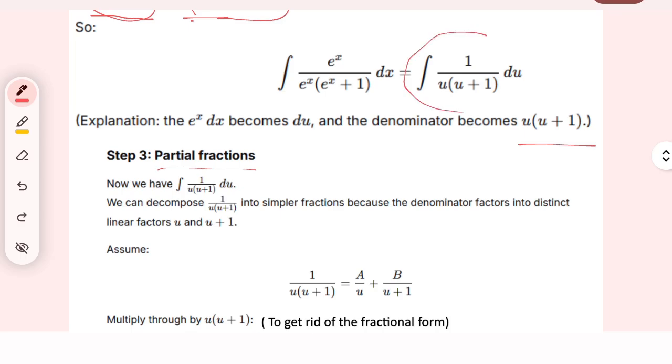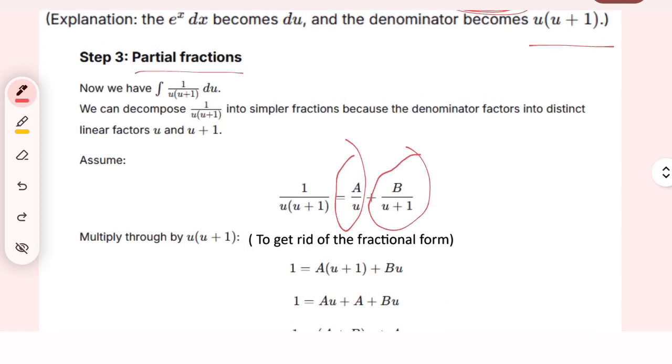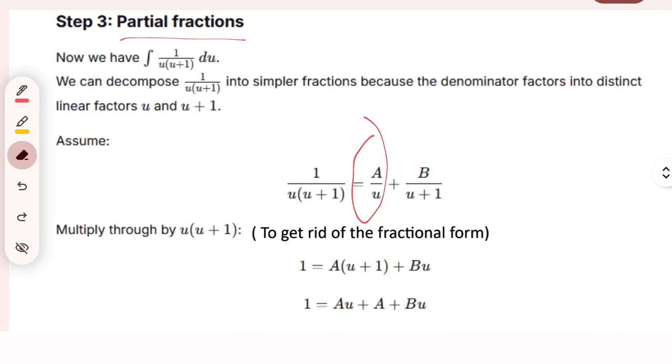This can be separated into two partial fractions: one is A over u, and the other one is B over u plus 1. So this is our partial fractions now.